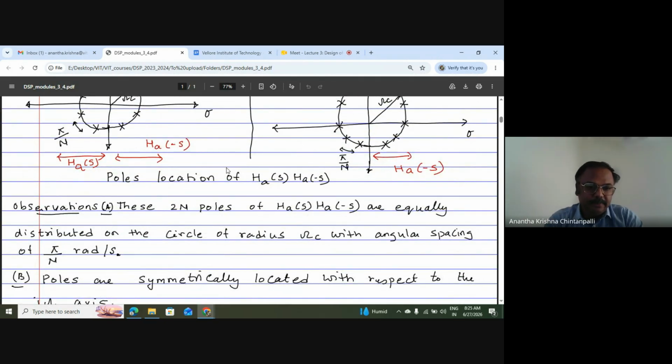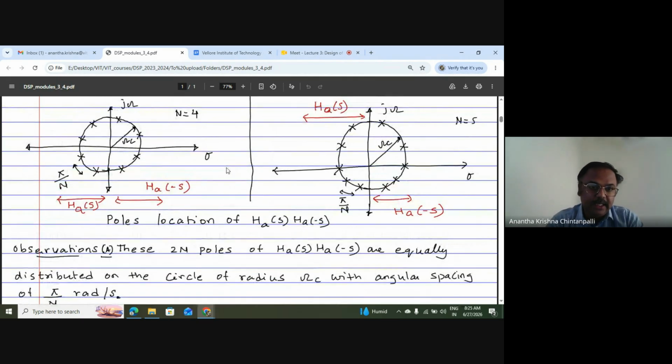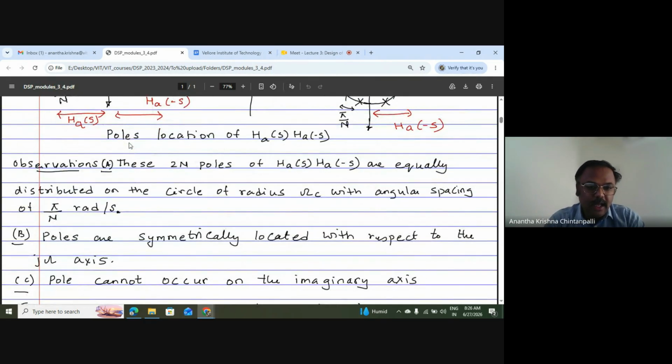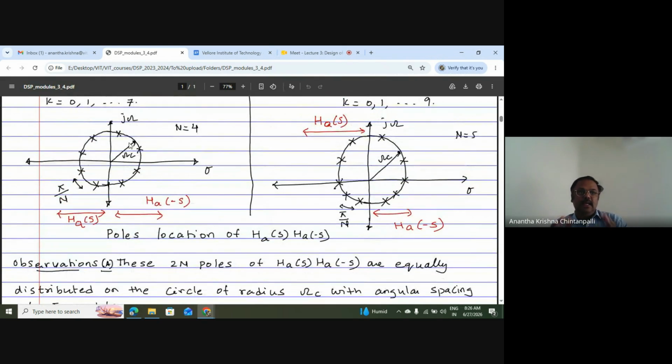Second thing is poles are symmetrically located with respect to the j omega axis. So meaning that whatever happens here should happen in the same way there. Then poles cannot occur on the imaginary axis. Because obviously we have to come up with a filter which is stable, so poles cannot be on the imaginary axis.